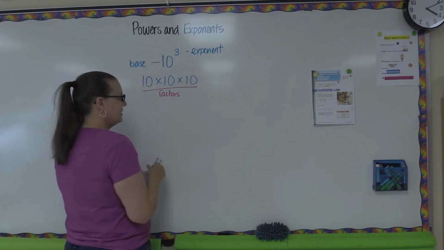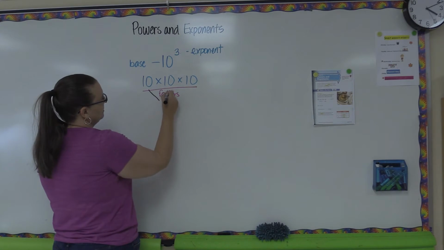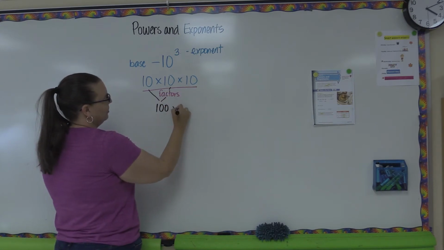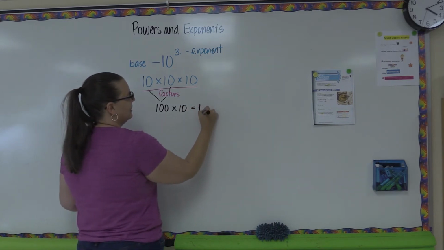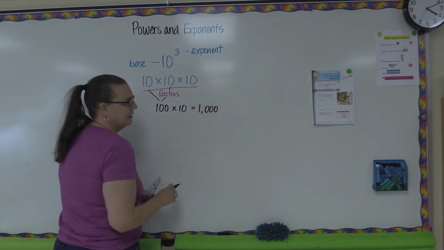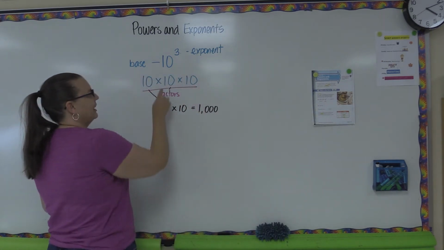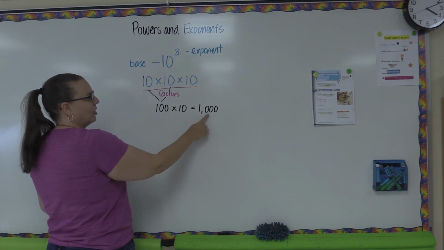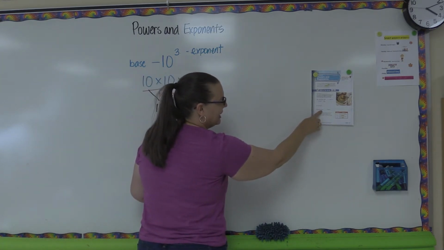We're going to do 10 times 10, which is 100, and then we're going to multiply by the last 10. So 100 times 10 is 1,000. So here's your answer. 6 pancakes have 10 to the third power, or 1,000 calories. So you've got to write that in here.